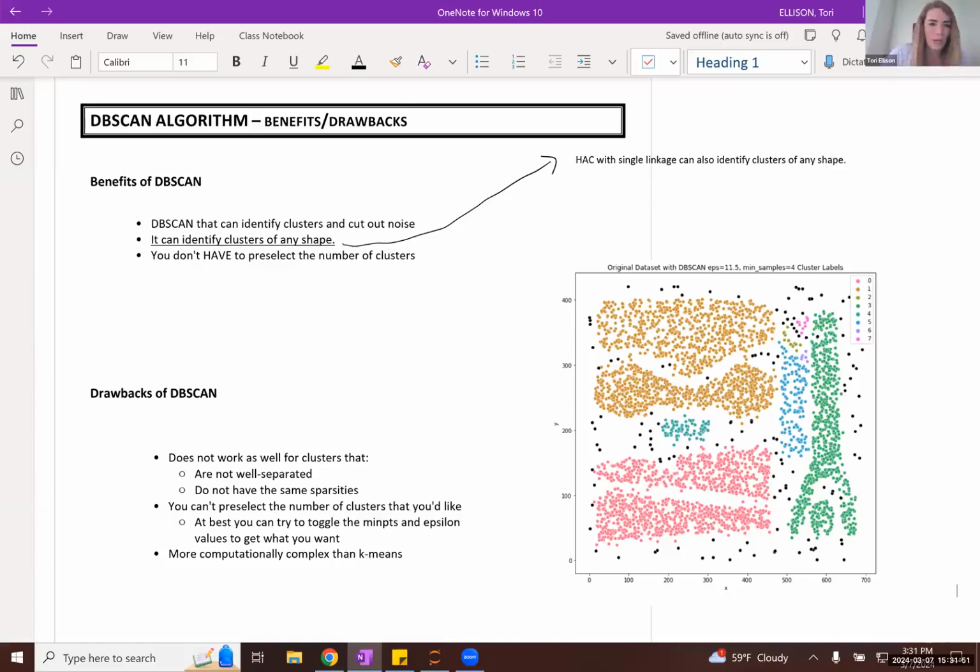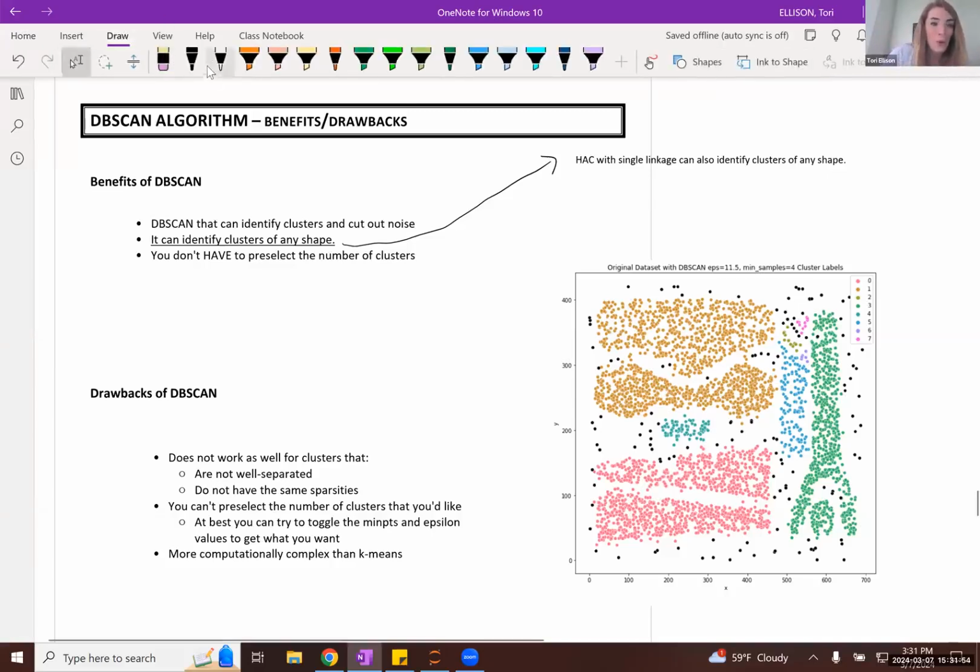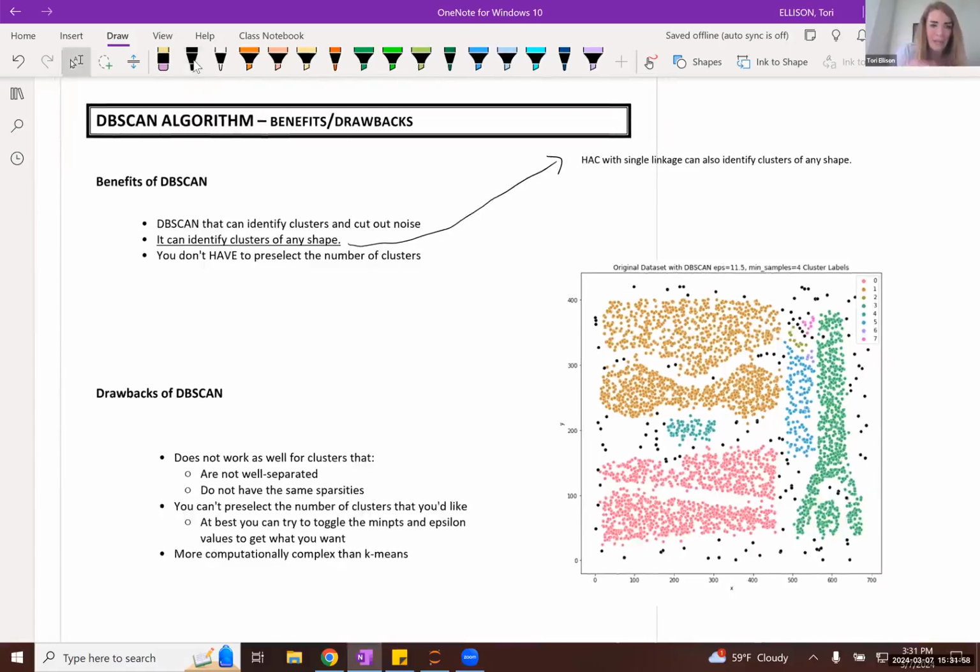Okay, cool. Very quickly, one of the cool benefits that we were talking about that DBSCAN has on Tuesday is that, in addition to being the first clustering algorithm we've talked about that can help us simultaneously identify clusters and noise, it can also, given the way that it's designed, help us identify clusters of any shape. However, we do need to be careful.